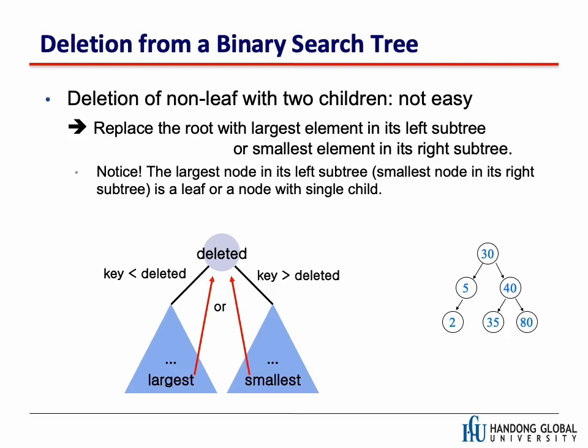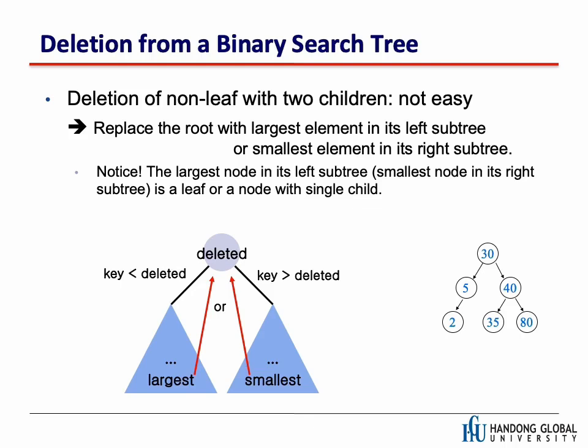When we delete 30 in this figure, then the largest element in its left subtree, which is 5, will go into 30, or the smallest element in the right subtree, which is 35, will go to the root node. That's the basic algorithm.